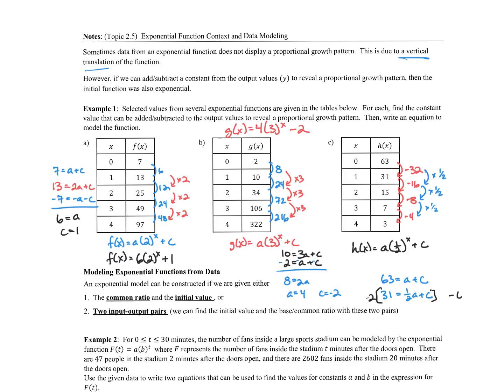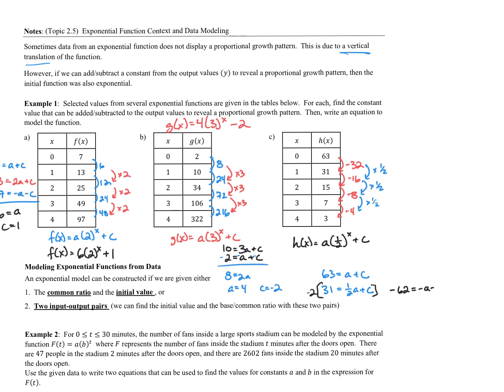Negative 62 is equal to negative a, and then minus, not c, but 2c. All right. And so then I have 63 equals a plus c still. And so then when I add straight down, what happens to my a's? They cancel out. And so now I'm left with 1 is equal to how many c's?